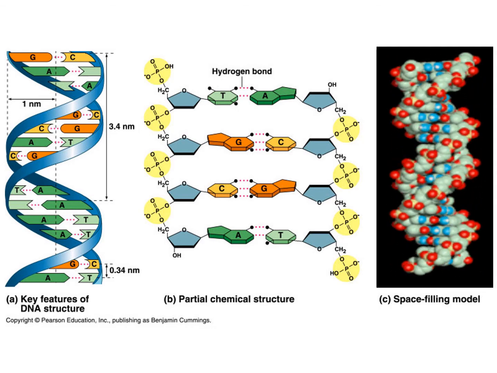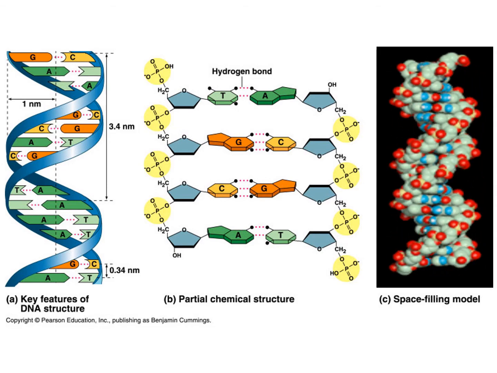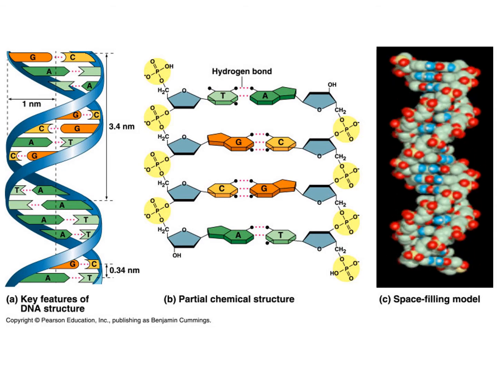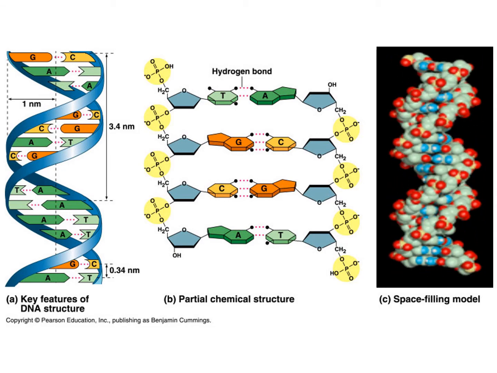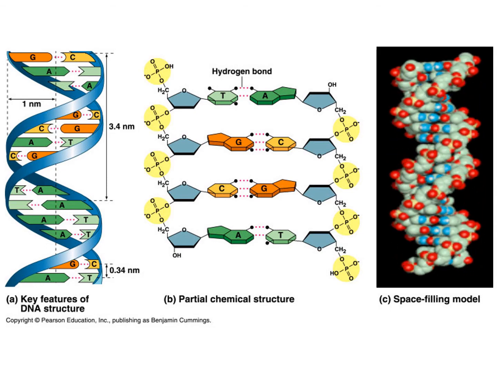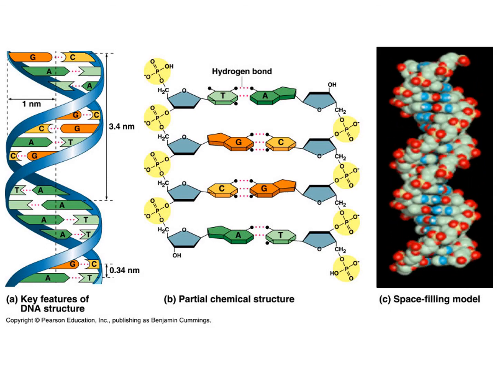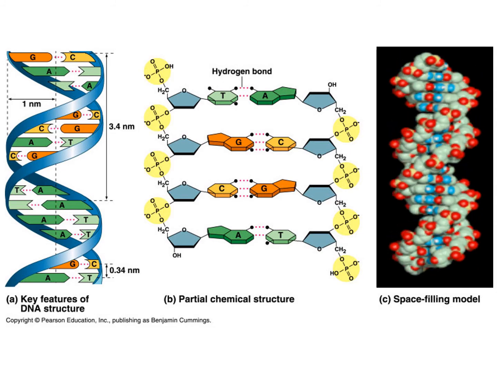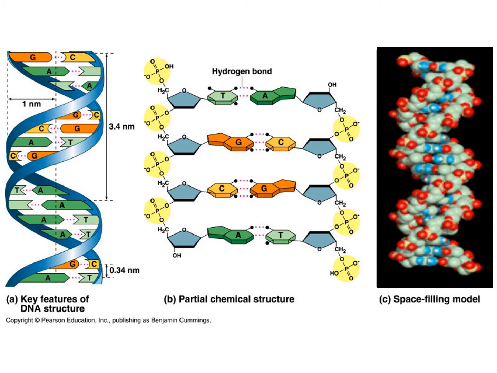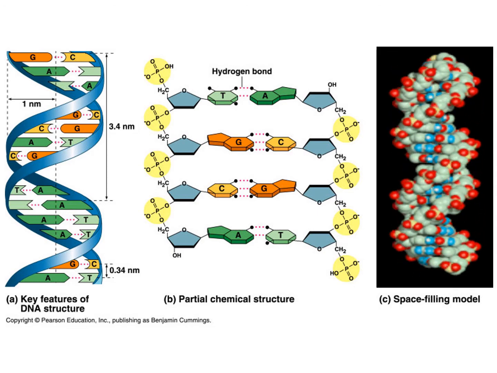Now, one thing to note is that the bases always line up in a very specific way. Adenine and thymine bond together, and guanine and cytosine bond together. Note that G and C make 3 hydrogen bonds, while A and T make only 2. So we always have this kind of arrangement holding the DNA molecule together.